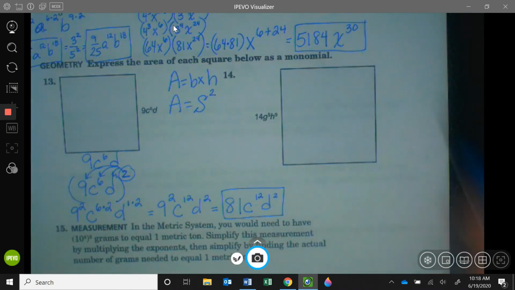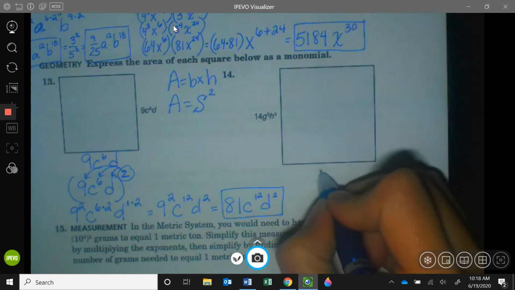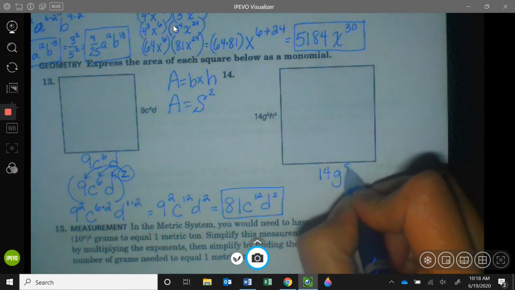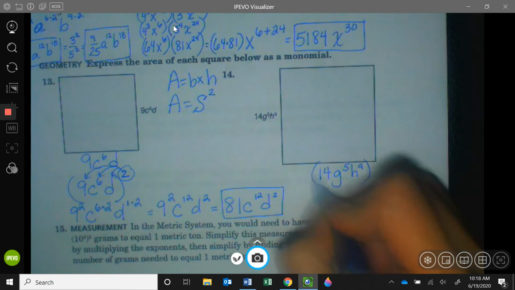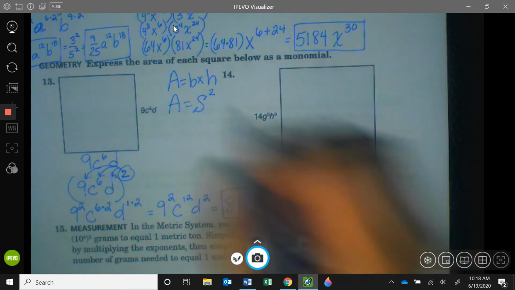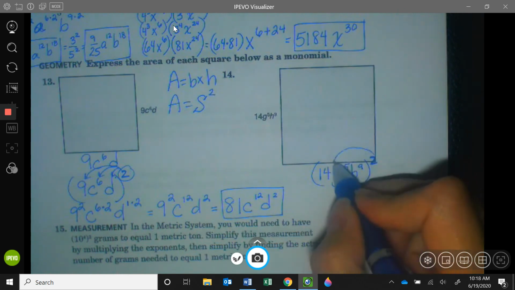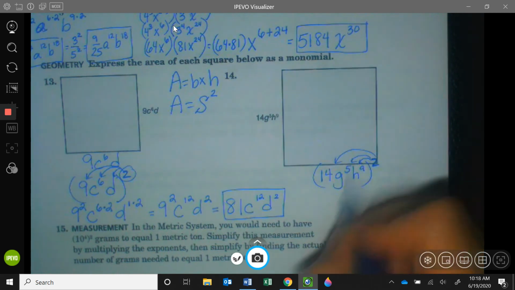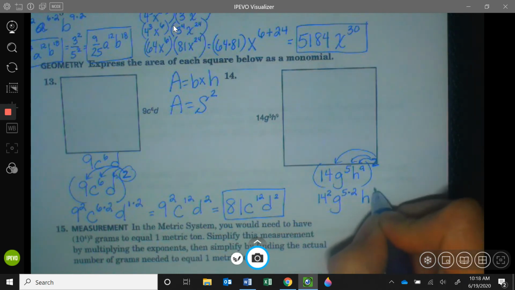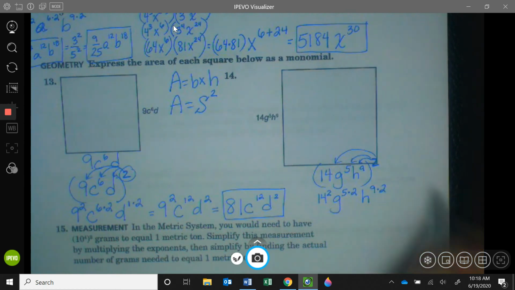Here again, we have another square. So we're going to take 14g to the 5th, h to the 9th, and we're going to square it to find our area. So it's going to get distributed to each piece. So 14 squared, g to the 5 times 2, h to the 9 times 2.